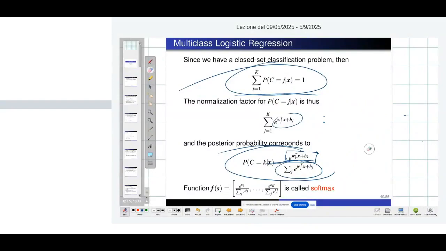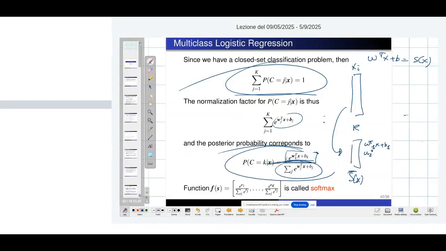Remember that for the binary case we had a score for the point that was looking like this. Here you can imagine that for each class, if I have a vector xi and I have k classes, to a vector xi I will associate a score vector this time, where the first component is the score for the first class, then the second component is the score for the second class, up to the score for the kth class. So each sample will actually have k scores, one per class.